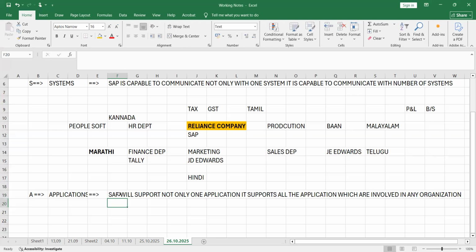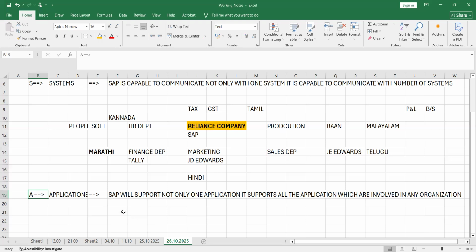SAP will support means it will give support to all the departments, all the applications. Is this clear? That is the reason we are calling it applications, not application.